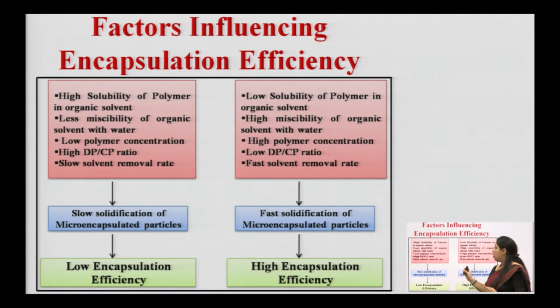These are the parameters like high solubility of polymer in organic solvent, less miscibility of organic solvent with water, low polymer concentration, high dP/Cp ratio, slow solvent removal rate will lead to slow solidification of microencapsulated particles, which finally results in low encapsulation efficiency.